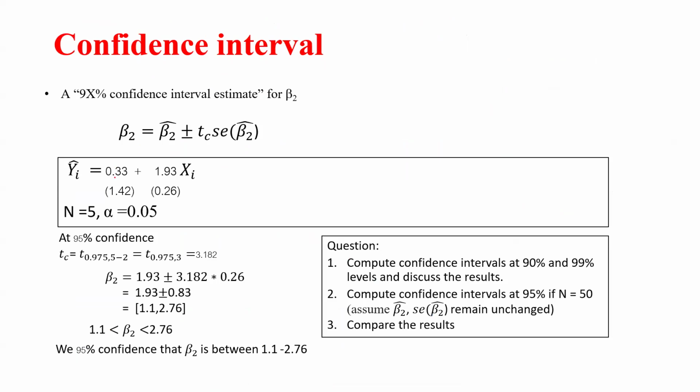So we use this formula: real beta equals what we forecast plus and minus critical value multiplied by its standard error. And then from the last example, we got all the values here.